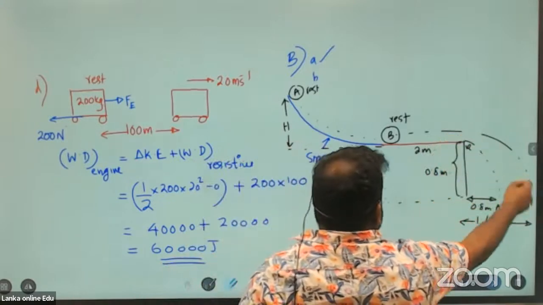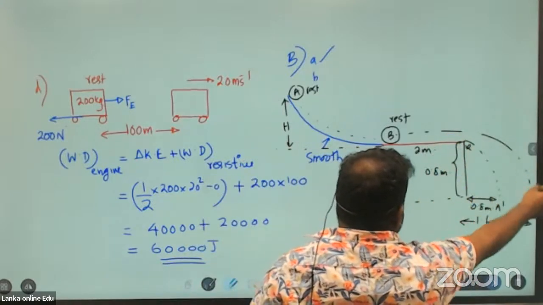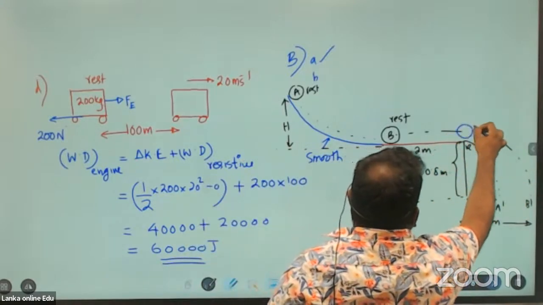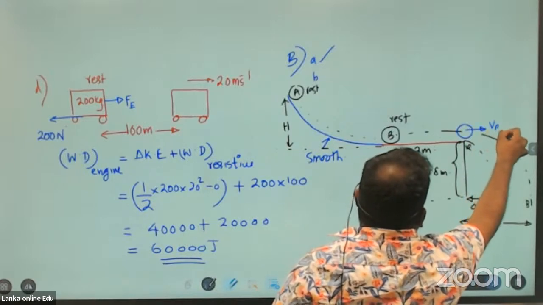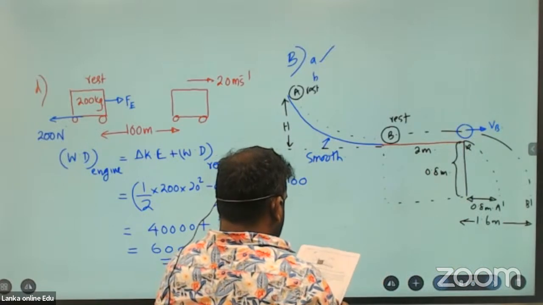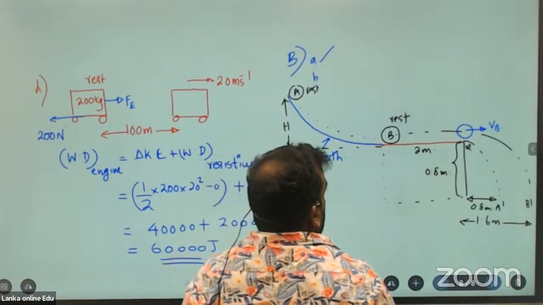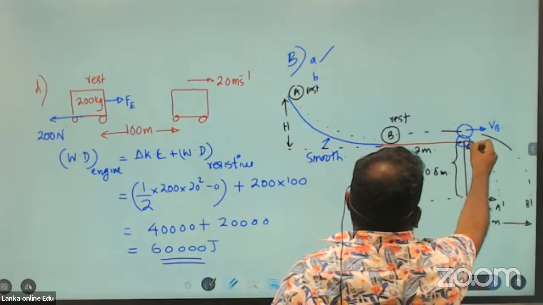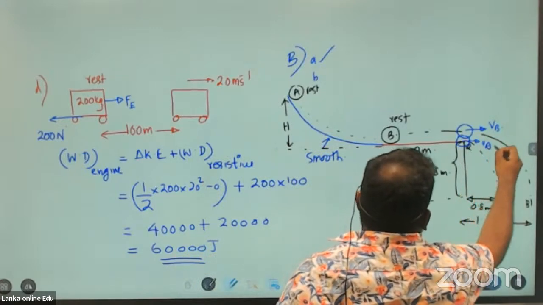I'll do B first. B falls a height of 0.8. Let the velocity of B be vB and the velocity of A be vA.